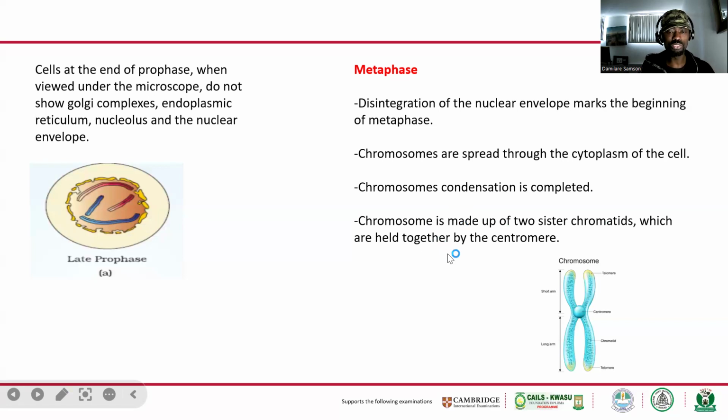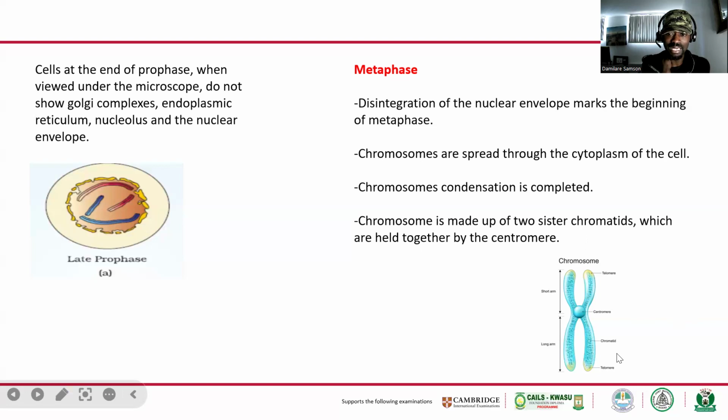So how is a chromosome formed? A chromosome is formed when two sister chromatids come together. Why do we say two sister? It means they are similar in size and shape. They attach themselves at the center here.